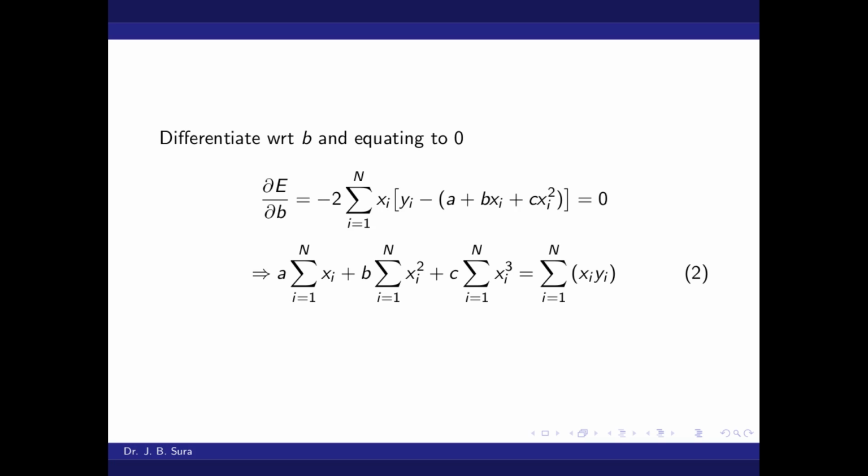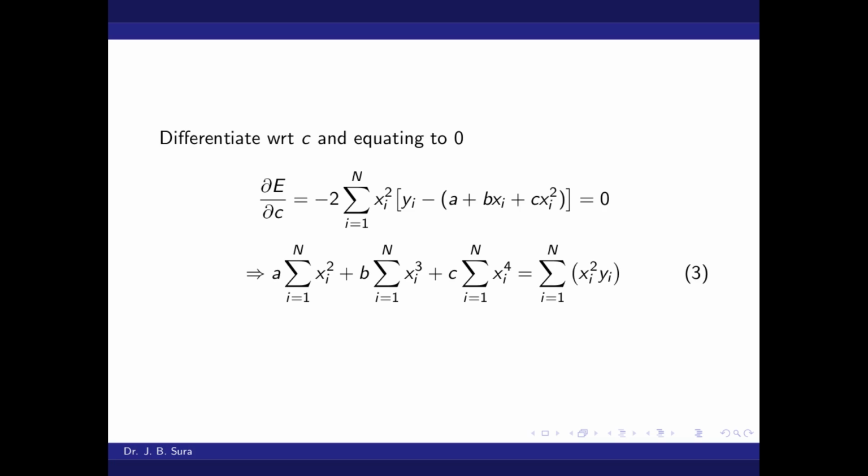Similarly, if we differentiate with respect to b and equate to 0, we get equation number 2, which is a sigma x plus b sigma x square plus c sigma x cube is equal to sigma xy. And finally we differentiate with respect to c and equate to 0, we have del E by del c is equal to minus 2 sigma i is equal to 1 to n xi square (yi minus (a plus bxi plus cxi square)) is equal to 0.